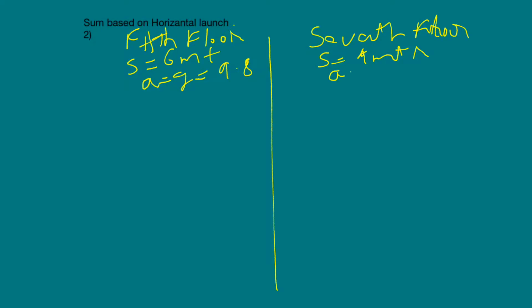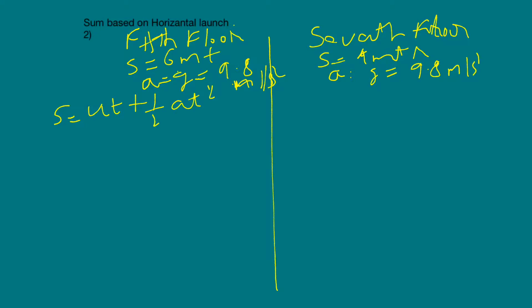Here also a equals g equals 9.8 meters per second square, because we have to take this as positive as it is falling towards the earth. So we will now use s equals ut plus half at square for this.